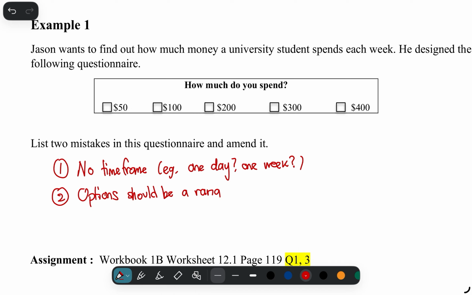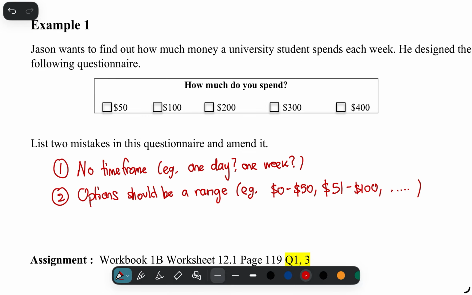What does range mean? For example, the first option can be $0 to $50. Then the next one should be $51 to $100, and so on. So it's much clearer for each person doing this questionnaire. Which option do you exactly take?